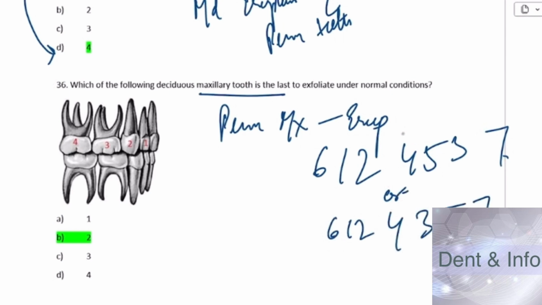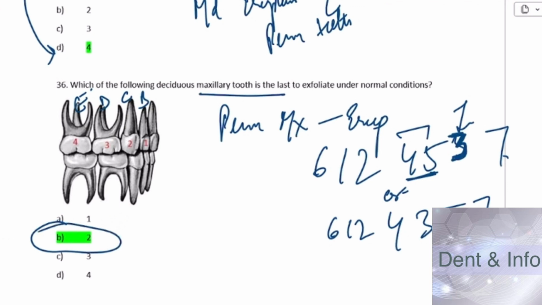Most accepted is both the premolars erupt before canine. That means both the deciduous molars will fall before canine. So if we have to see B, C, D, E, which is the last tooth to exfoliate, both the molars will fall before canine. So canine is the last tooth to be lost here in maxilla.